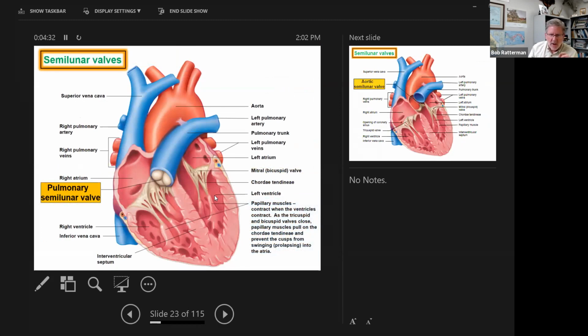Here we see one of two semilunar valves. And of course, this is the pulmonary semilunar valve, which is taking blood toward the lungs. So just superior to that particular valve is the pulmonary trunk, which splits into the left and right pulmonary arteries. They are taking blood where?